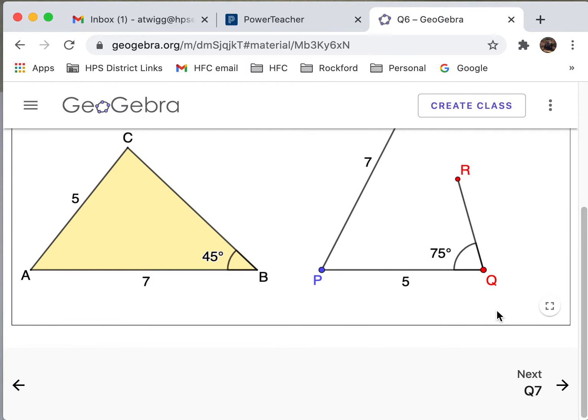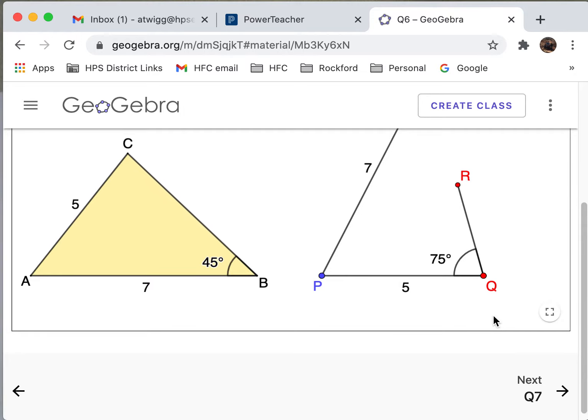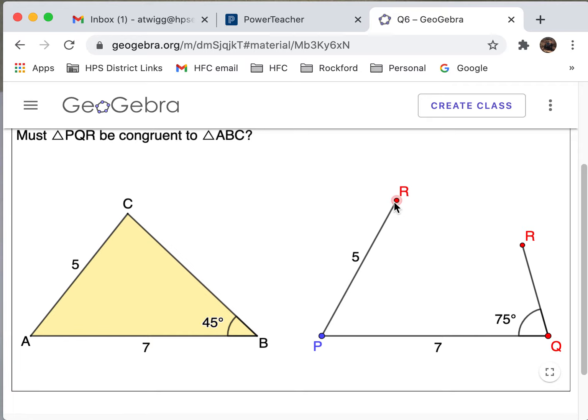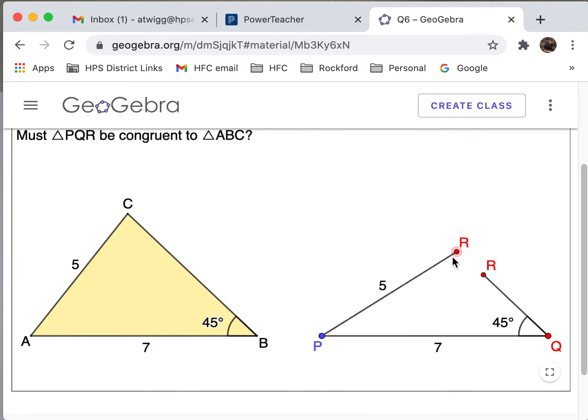Now if you look at number 6, this is really the swear word because you have S, S, A, or if you want to go A, S, S. So let me see if I can get this to work. If I change this to be a 7, and I change this to be a 5, and I make this at a 45-degree angle, could I go like this?